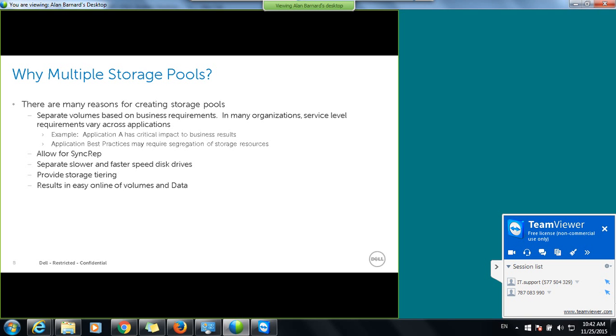If you have a business or highly critical application, you should put it on a RAID level that has the most protection, such as RAID 6. Out of the RAID levels in EqualLogic, RAID 6 is the safest that's available. So that's one reason.